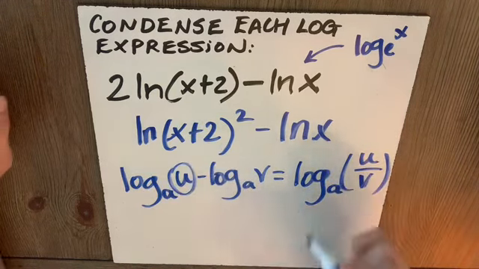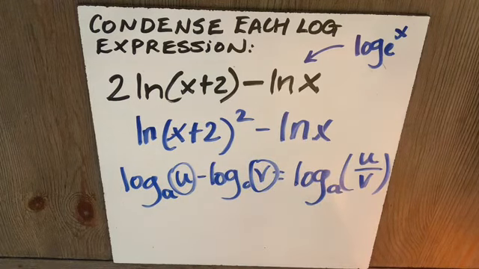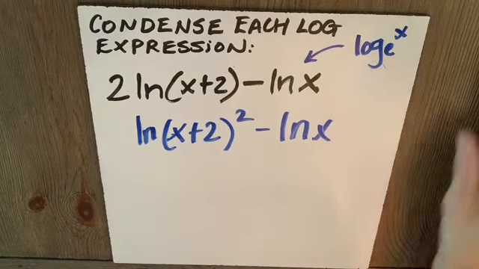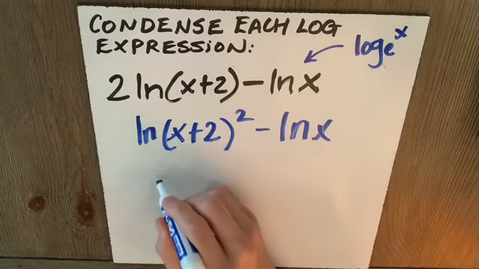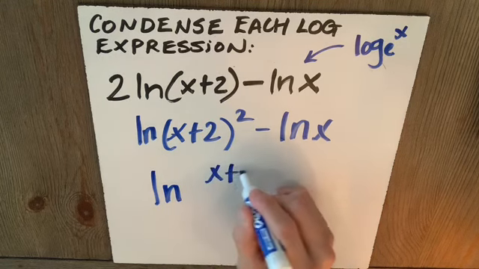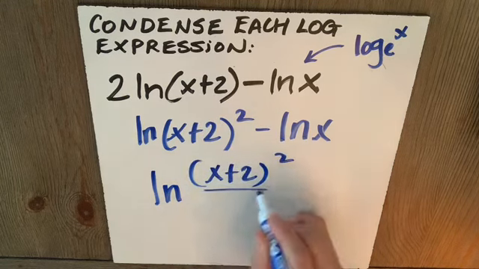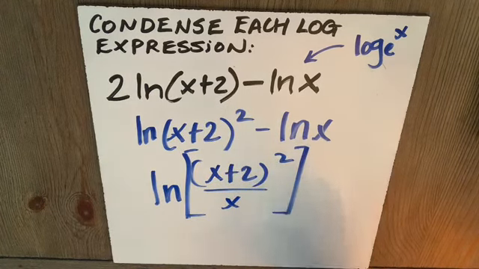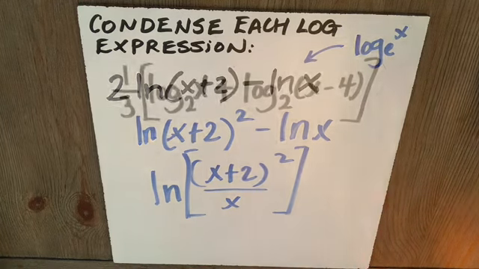First argument divided by second argument. So once we get here, write this now as natural log, that's base e, of the first divided by the second. And this big quotient becomes your argument of the log with base e.